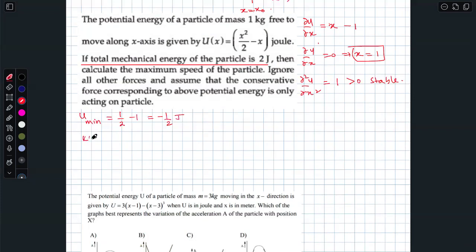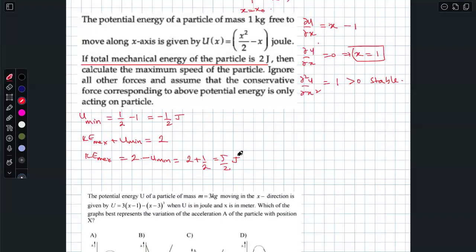So KE max plus U minimum is the total energy 2. They have given it in the question, I'm not writing as per my wish. Any doubt? So KE max is 2 plus U min, which becomes 2 plus 1 by 2, that is 5 by 2 joule.